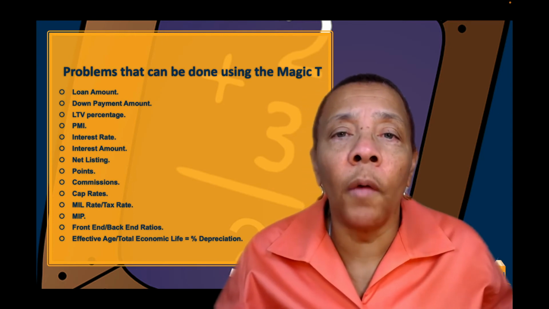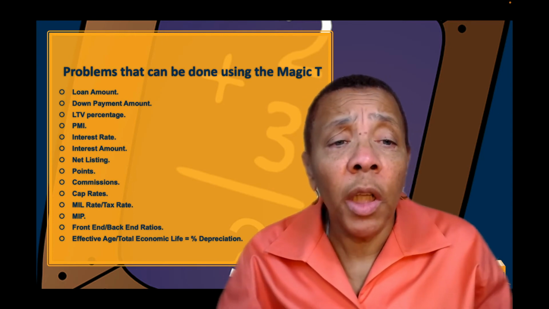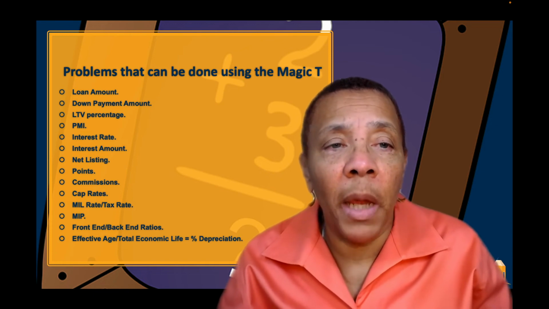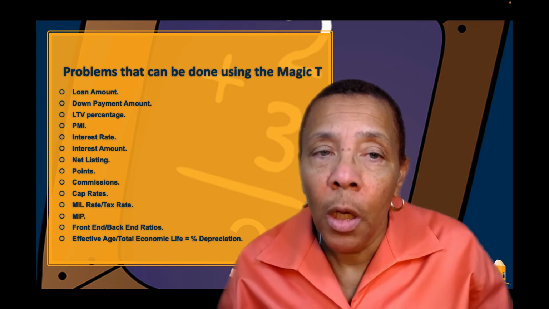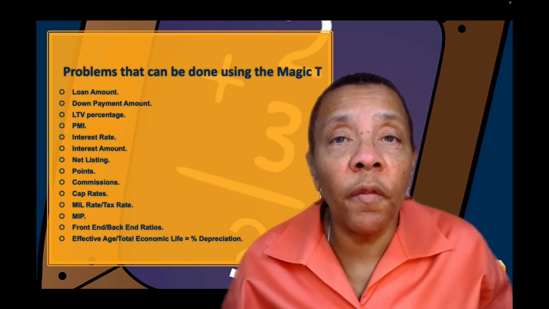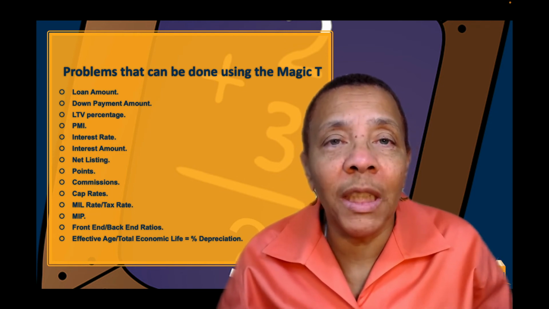Look at all of the problems that we're going to do that can use this magic T. So when we're calculating the loan amount, the down payment, when we're calculating the loan to value, that's the amount the bank is going to give you.